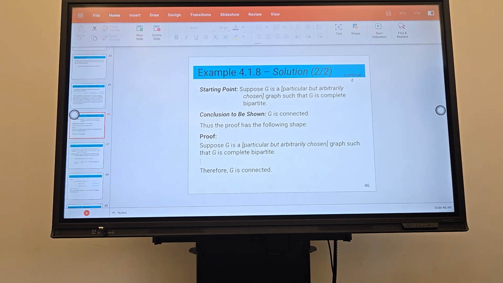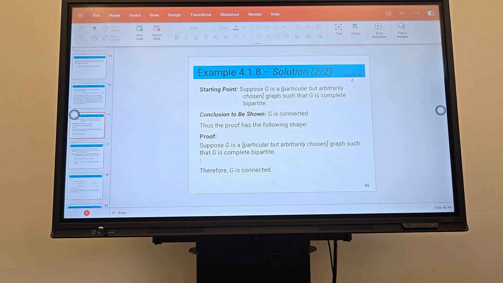What they don't talk about in this is something that I like to do. Sometimes it works to work backward from the conclusion that you're trying to prove.